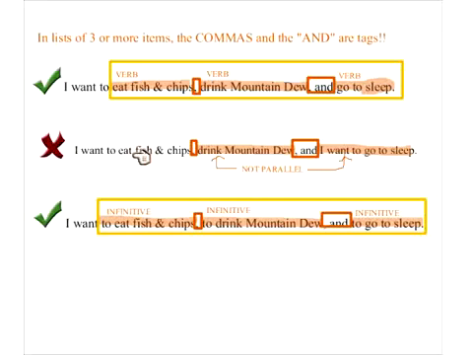Any questions? Okay. All right, so let's look at some more examples. Let's get around to some real problems, some real examples. So try this one right here.